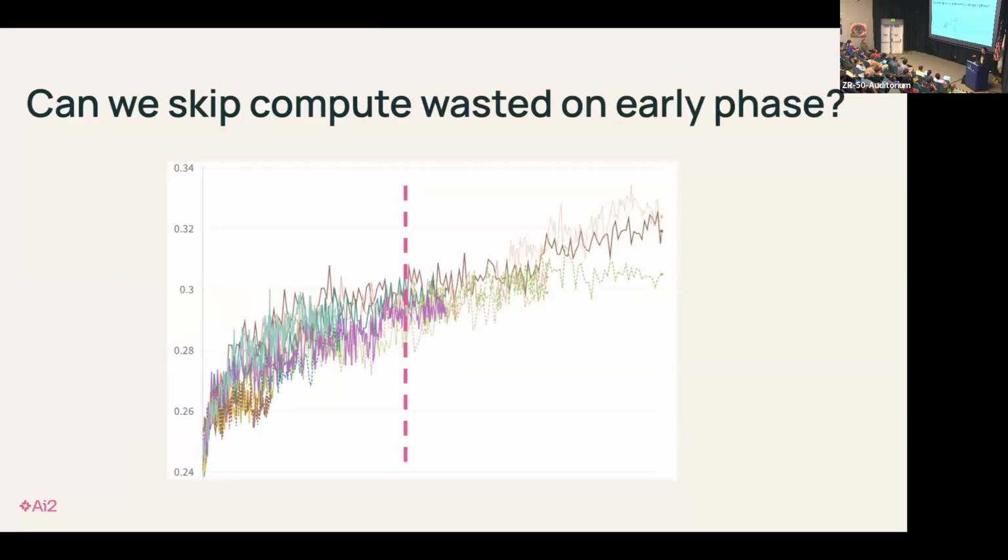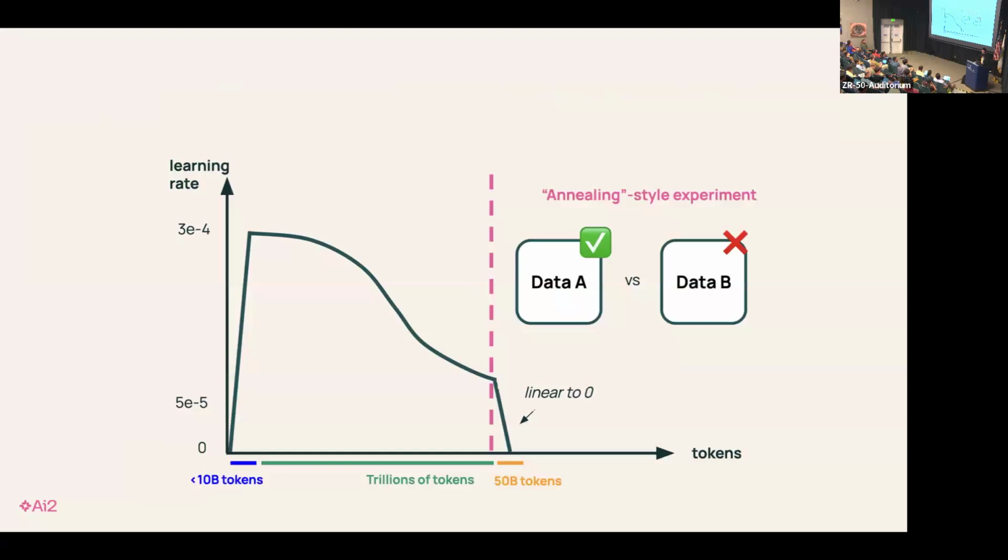So what if we could just skip this early phase? Can we start from a model that's already pretty good? That's pretty sensible. And yes, the idea works. There are these things called annealing style experiments. This was used in the Databricks paper, and Llama 3 also introduced this idea. We tested it out ourselves, and it's quite good.